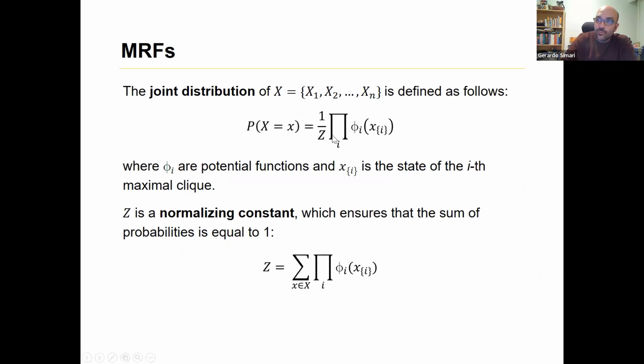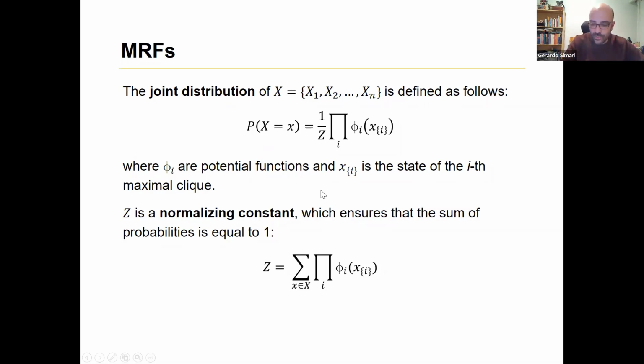So we have a generalized product here. i ranges over all the cliques, and all we have to do is multiply the values that the potential function has for the state of the clique that is given by the world that you want to query. And then we have this Z value here, which is a normalizing constant. This ensures that the sum of the probabilities will all be equal to 1.